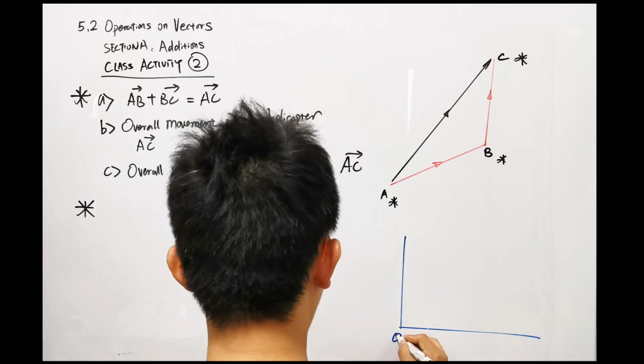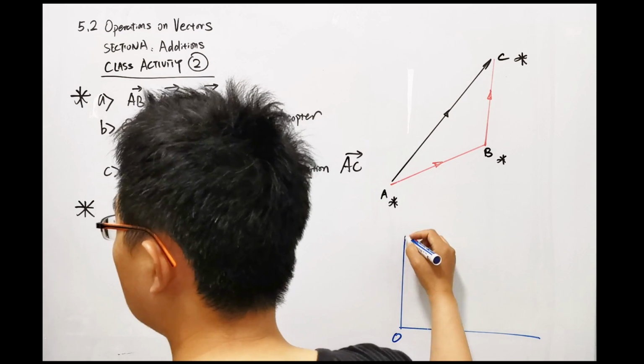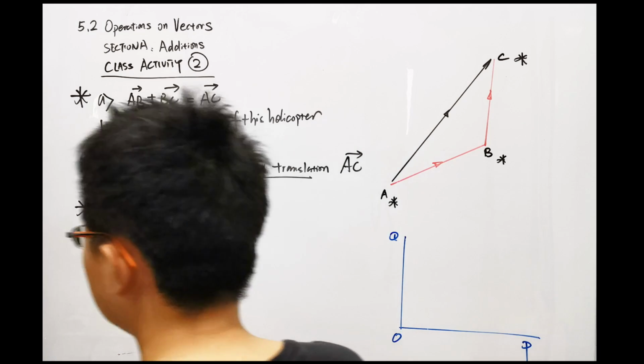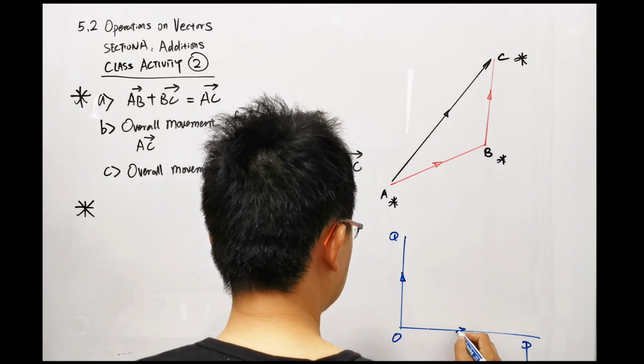So we have the diagram with Q and P, and the ball is going this way.